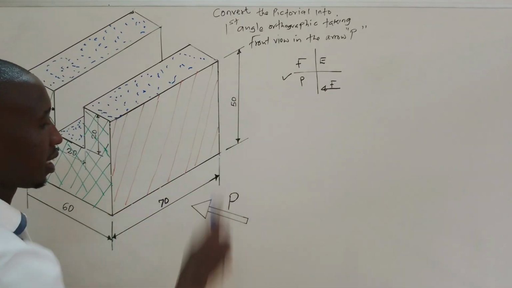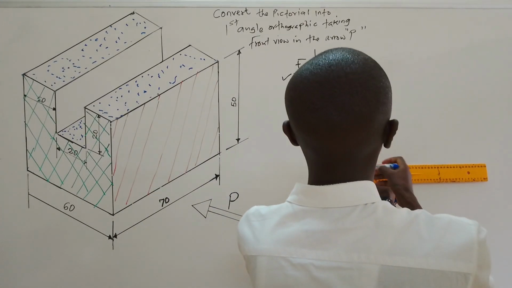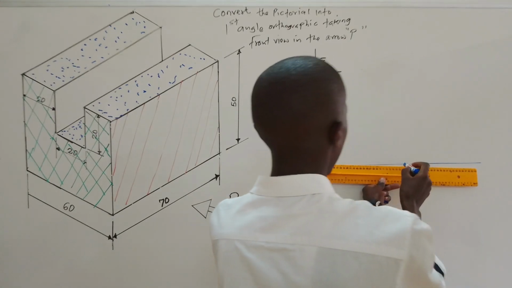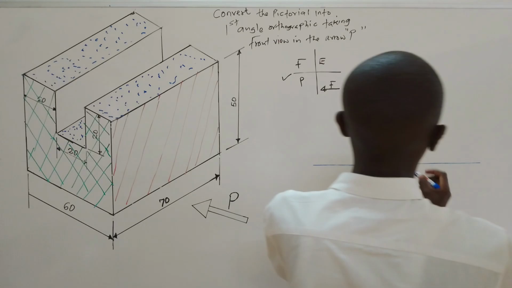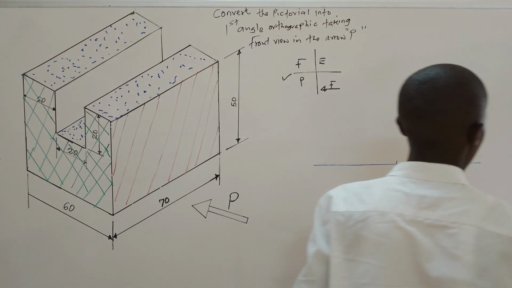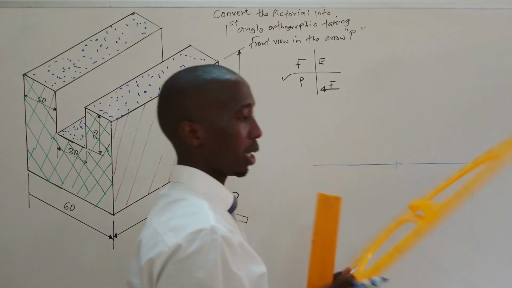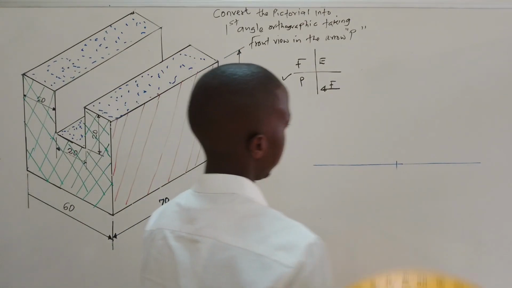So let us make this grid. So I'll make this grid here. So that grid must give us 90. I will use my protractor to come up with angle 90.